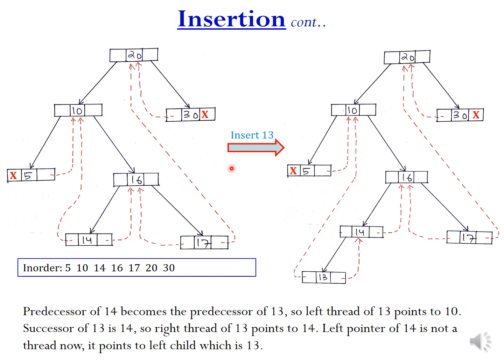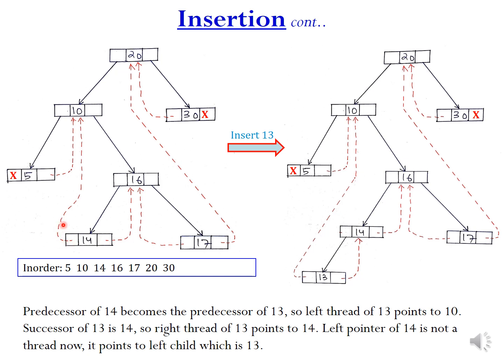Now we will insert 13 in this threaded binary tree. As per the rule of a binary search tree, it should be inserted on the left-hand side as the left child of 14, because 13 is less than 14 and greater than 10. When we insert 13 here, it is to be noted that the left pointer of 14 is already a thread.